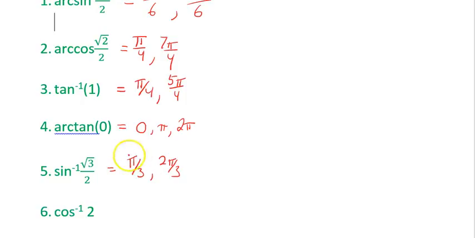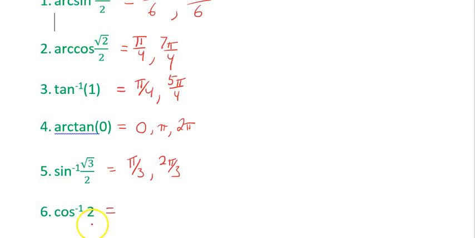Now, for the last example of this kind, I have cosine inverse of 2. So think about your unit circle for a second. Where would you have a cosine of 2? Okay, I put this one in here because they will try to trip you up sometimes.